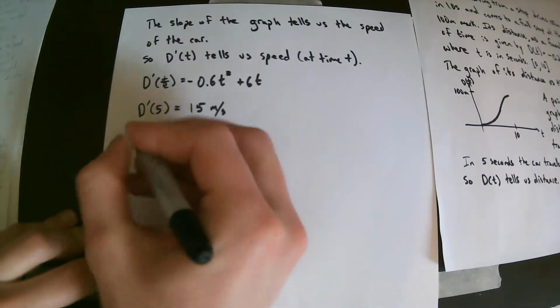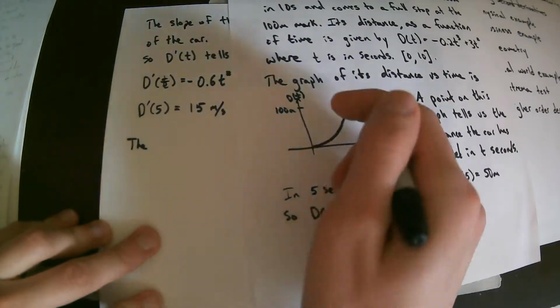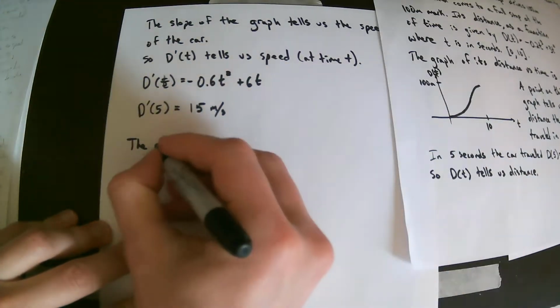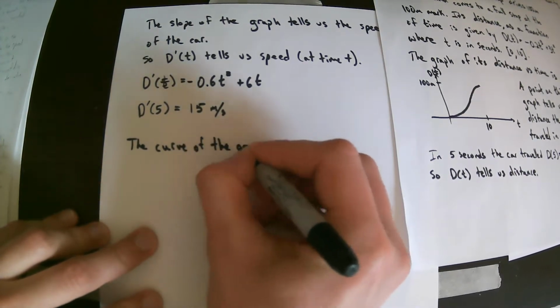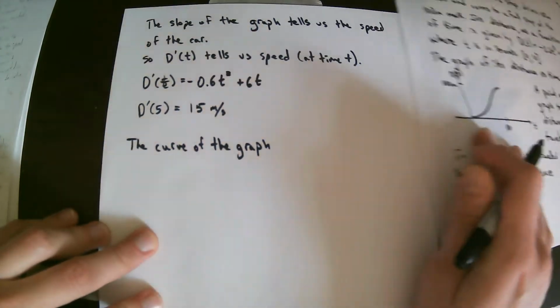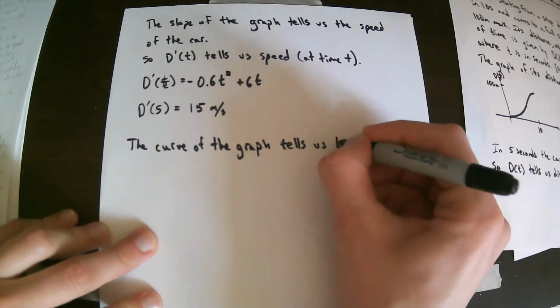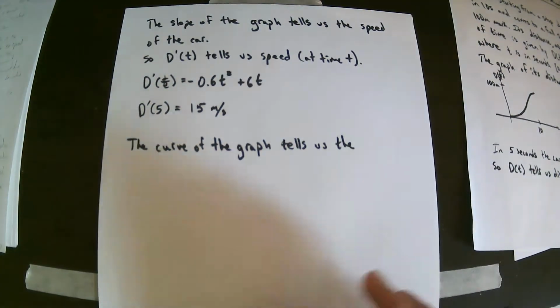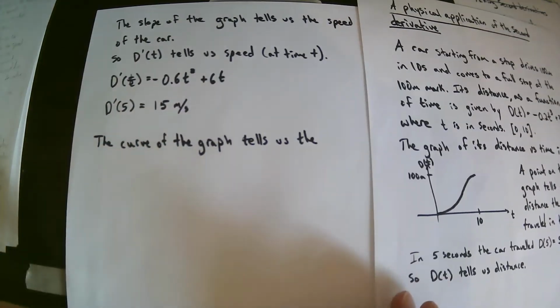Let me write down what I just said about the shape of that graph at the beginning and end. The curve of the graph tells us, well, the slope of the graph tells us the speed, right?